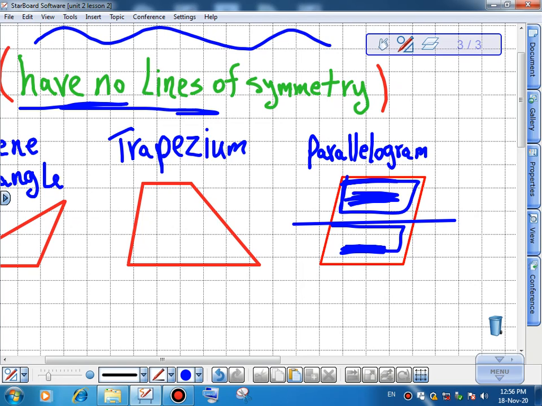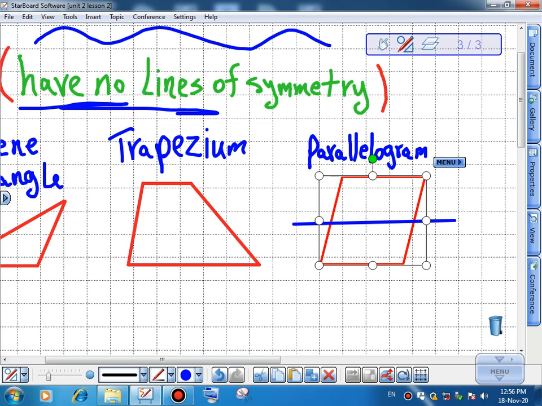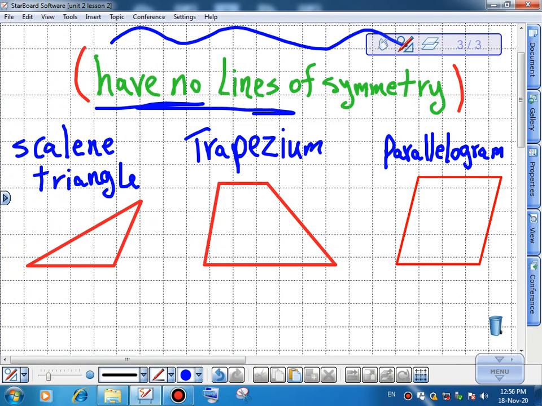If I cut this by scissors, cut this part and this part and put them together, you will see that they are different. So if I cut a parallelogram by any line, it will not be a symmetrical figure. So the parallelogram also has no lines of symmetry.